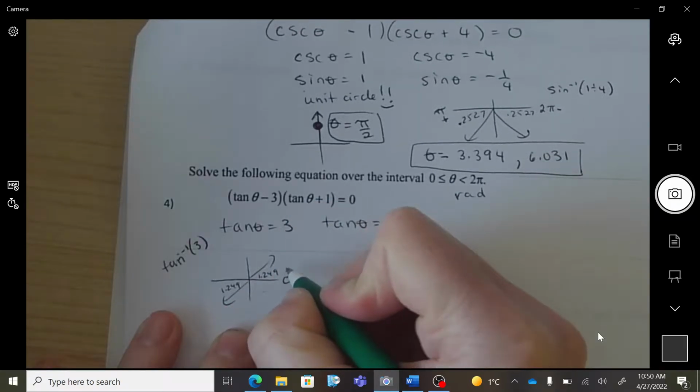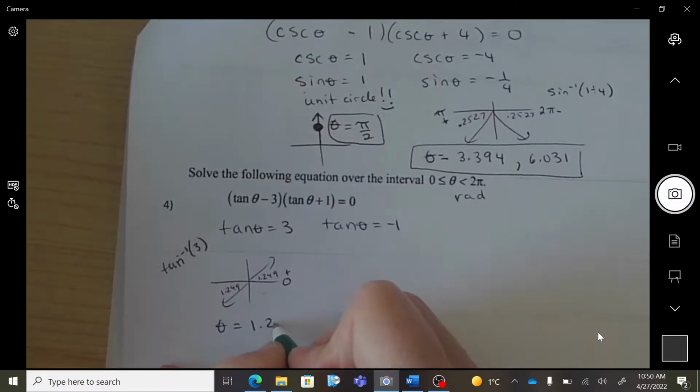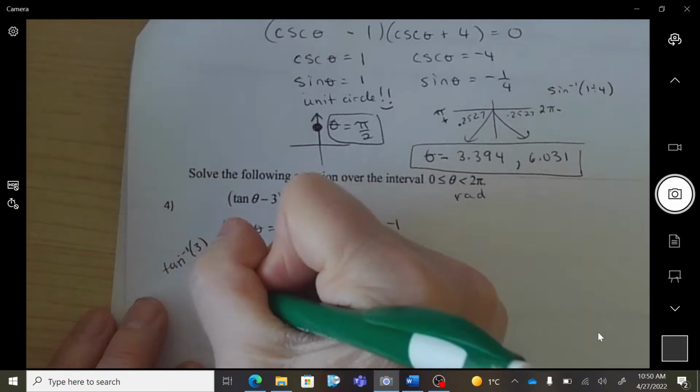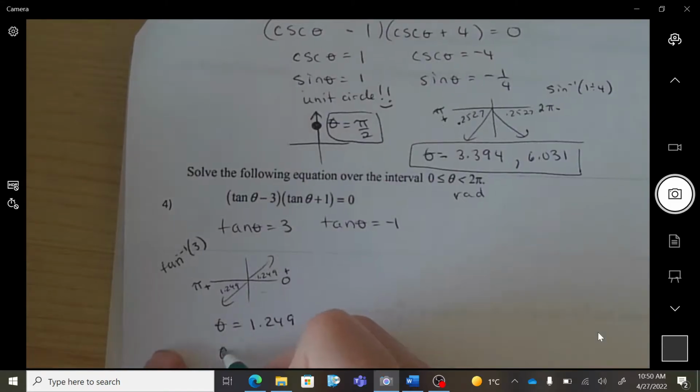So this would be 0 plus. So that would just be 1.249. And here would be pi plus that. So on that one, I get 4.391.